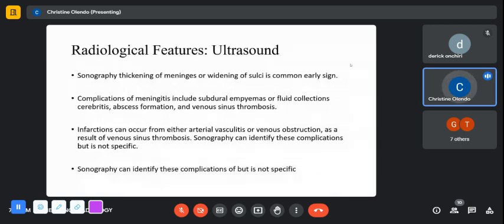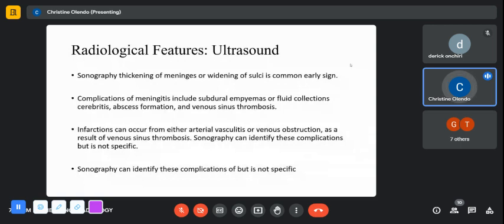So meningitis on sonography will appear as thickening of the meninges or widening of the sulci, which is a common early sign. Complications, as we had said, are subdural empyemas or fluid collections. You can have cerebritis as well, abscess formation, and venous sinus thrombosis.